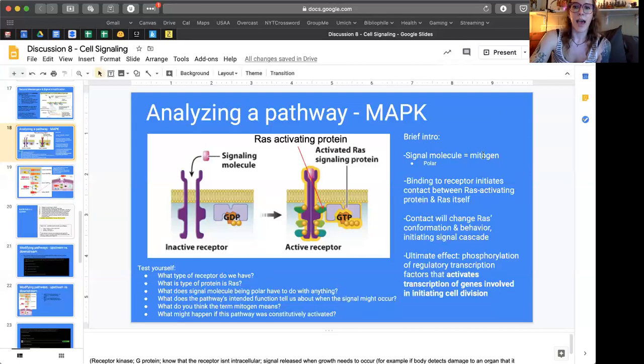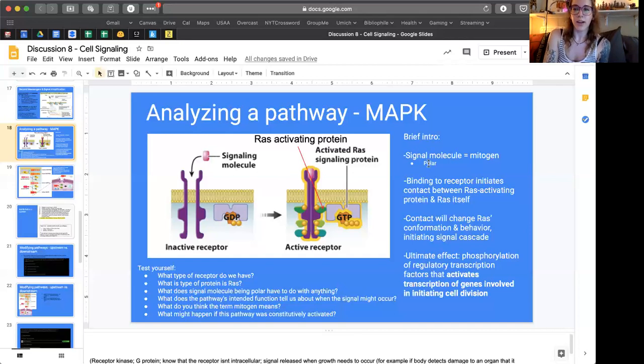And then ultimately we want to result in a net change of upregulating the transcription of genes that are able to induce mitosis. And so the MAPK pathway is how we get from that signal to that effect. So the first step in that process has to be binding. And we're told that mitogens are polar.